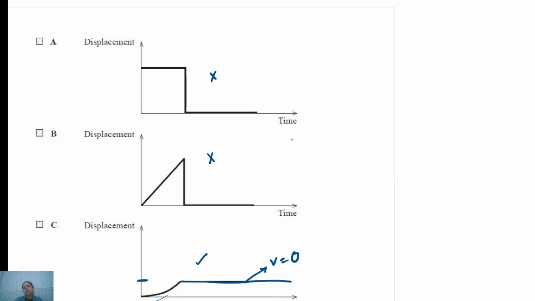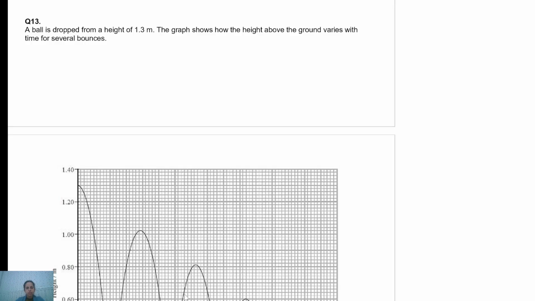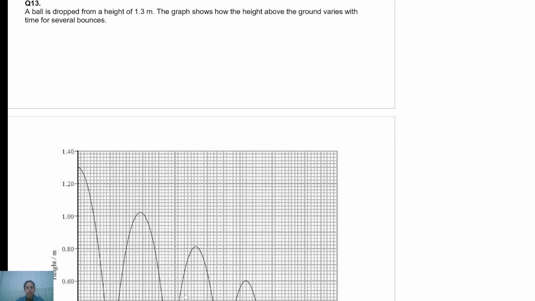Okay, all right, let's do the next one. A ball is dropped from a height of 1.3 meters. The graph shows how the height above the ground varies with time for several bounces. So it is dropped from what height? 1.3. After the first bounce, the height is reduced to something 1 point something.